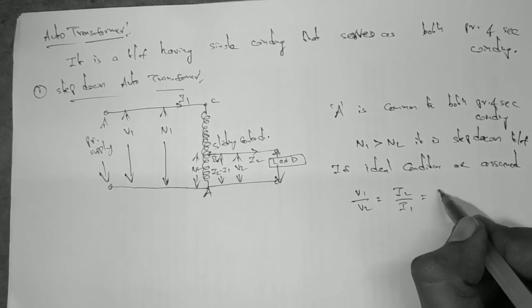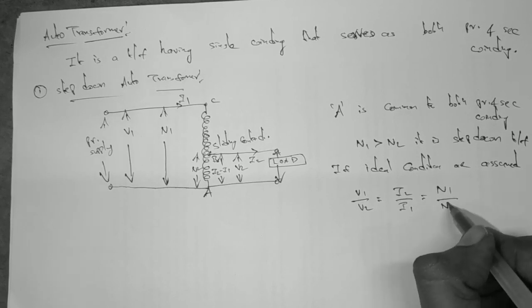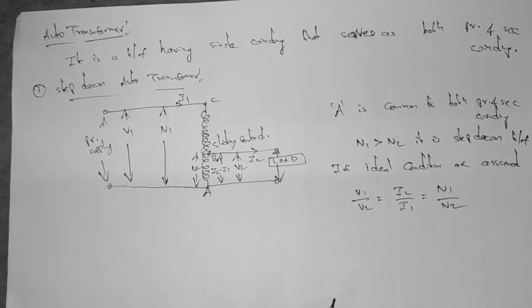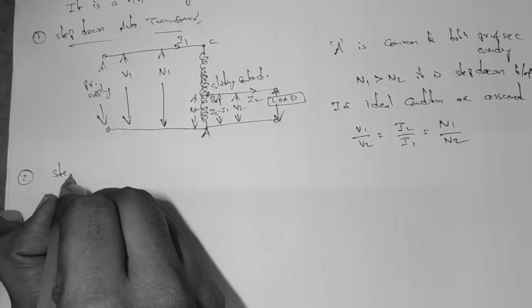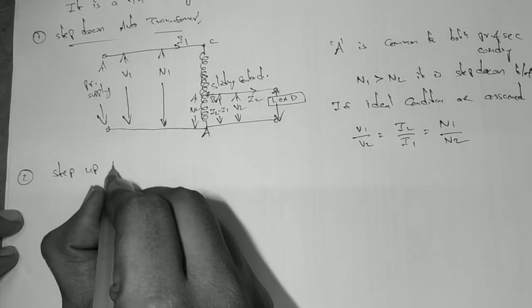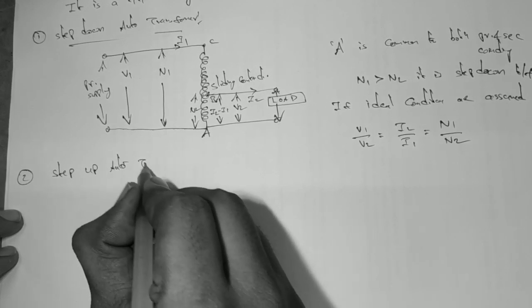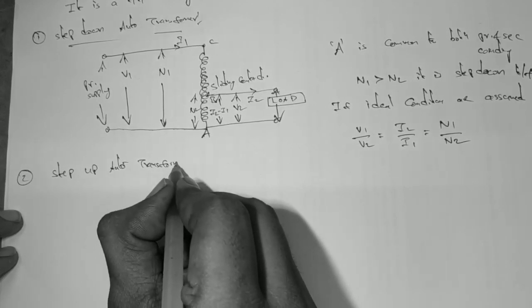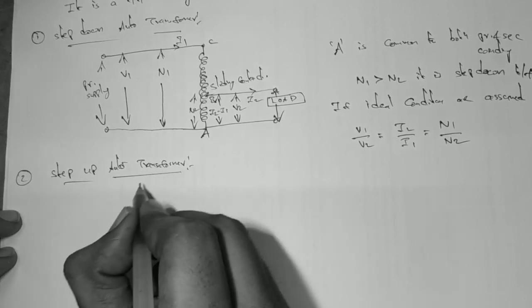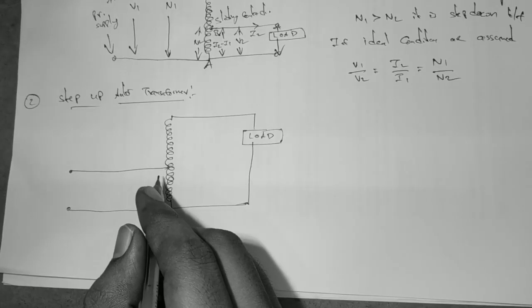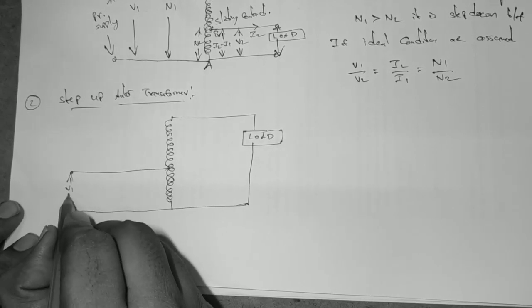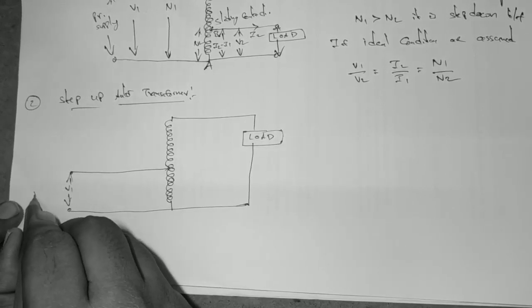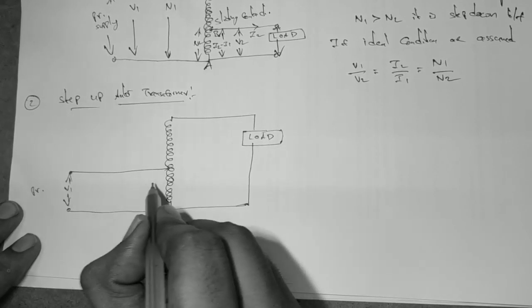Let us consider the second type of auto transformer, that is step up auto transformer, in which compared to the primary side windings, secondary windings will be higher, that is load side winding will be larger compared to the supply side winding. So let us consider this diagram in which primary side voltage is V1 and current flowing through primary winding is I1.